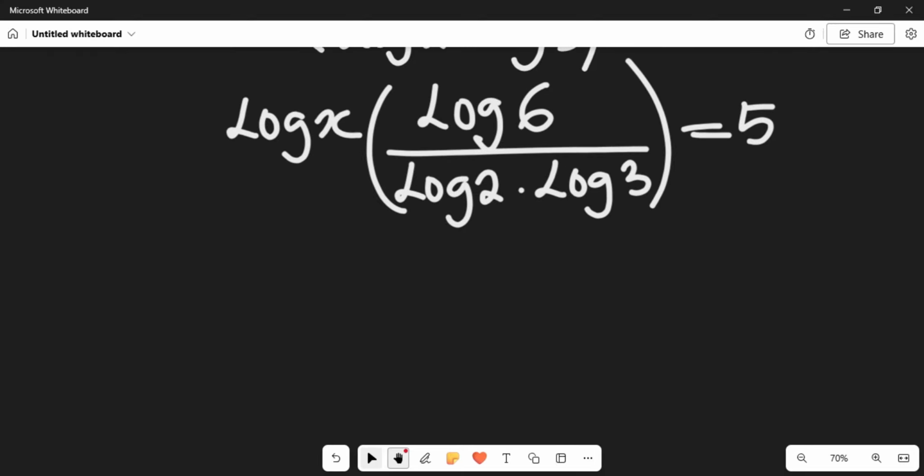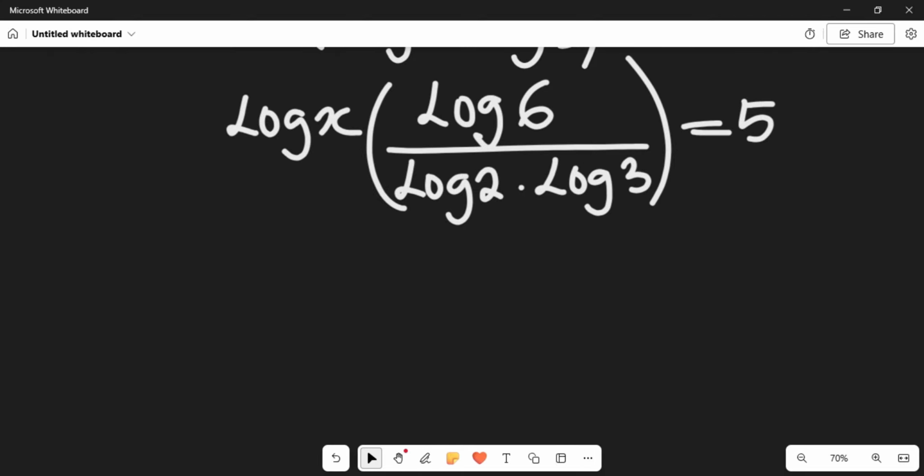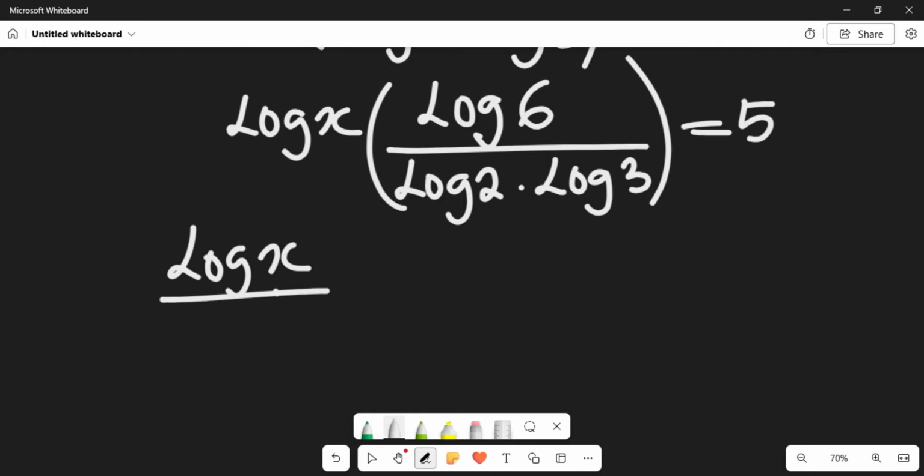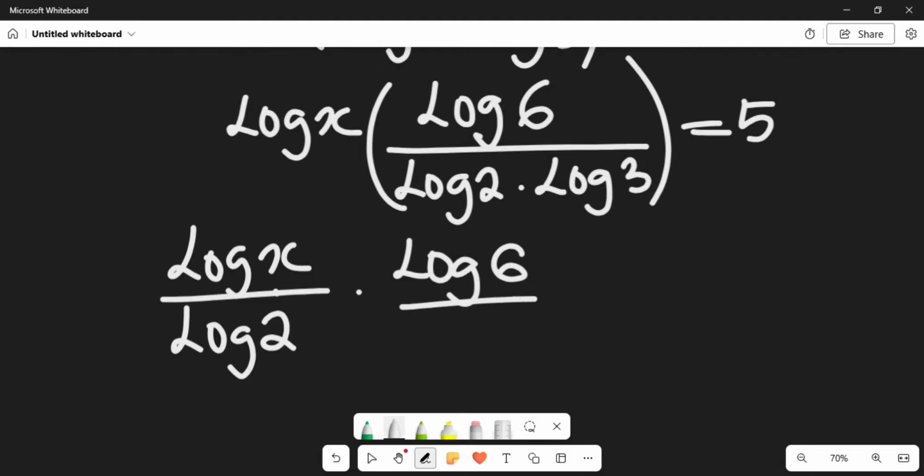Now we have log x and log 6 both in the numerator, so we can separate these to become log of x divided by log 2, right? And this will be multiplying log 6 divided by log 3. Now we haven't changed anything, we've just removed the bracket and expanded the expression. So this will give us this expression.